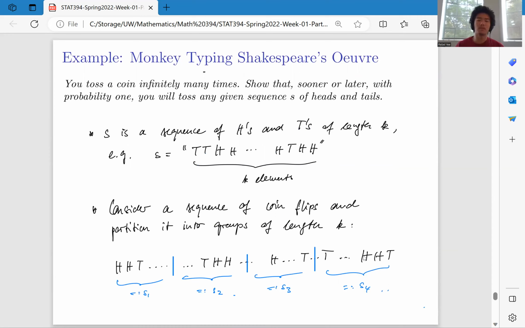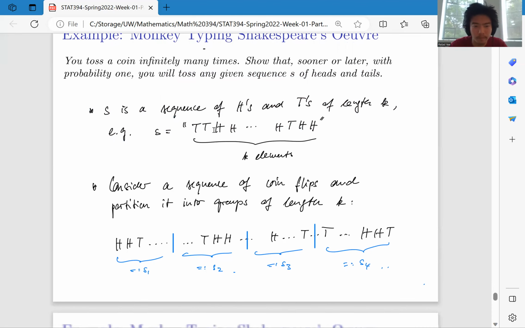So now we want to prove another version of this theorem. We are not going to prove the exact Shakespeare's novel, but we want to prove how you will toss any given sequence S of heads and tails. That is to toss coins infinitely many times.